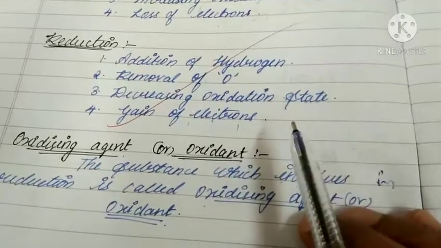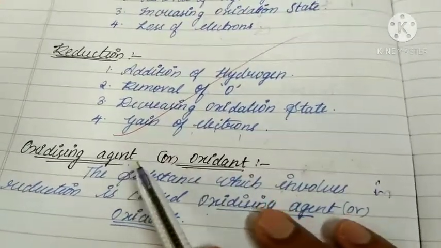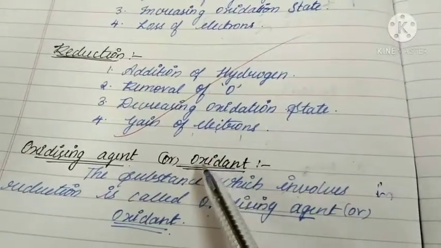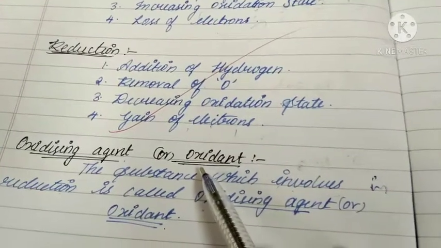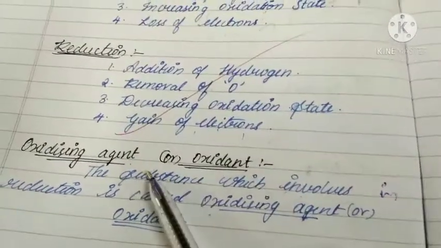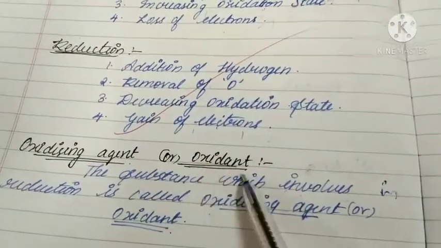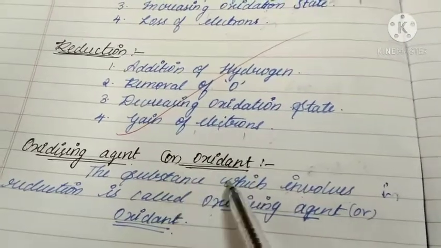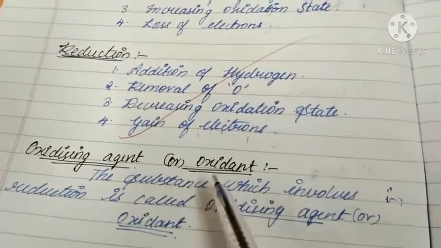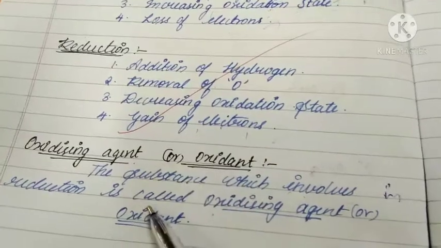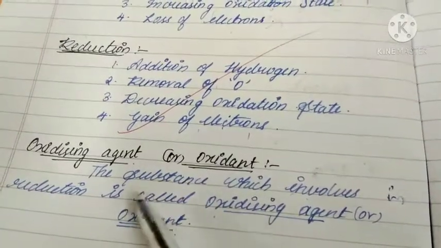Next, one more definition, that is oxidizing agent. One more name for that is oxidant. Oxidizing agent or oxidant. So what is the definition? The substance which is involved in reduction. This is the simple technique.